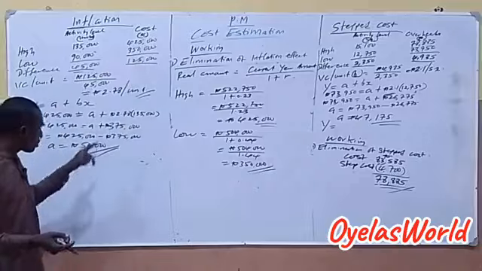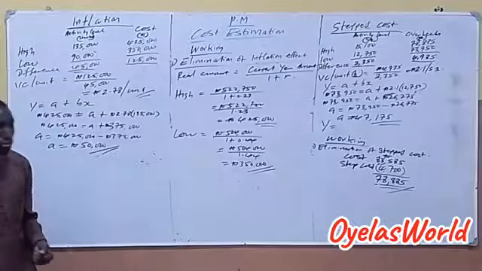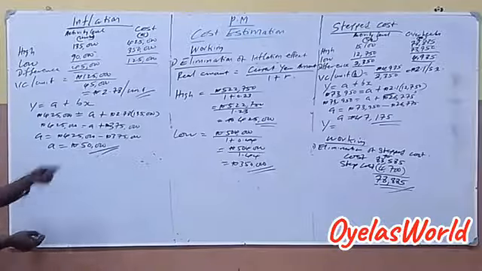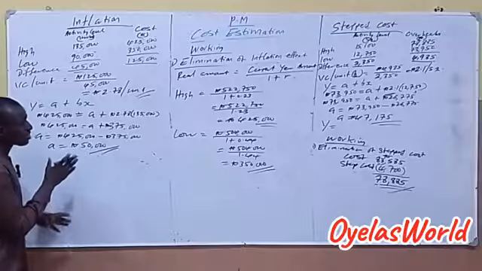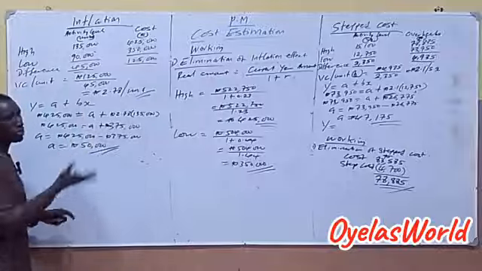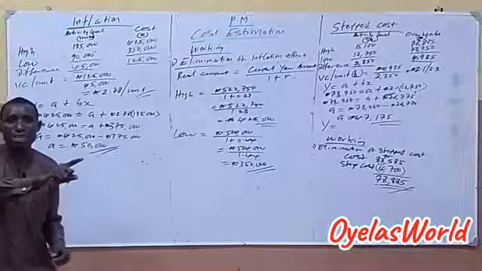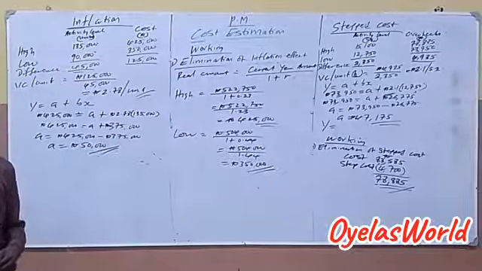It must give you this figure. If you are not getting the same thing, there's a problem somewhere. So we have seen your fixed cost now. Before you arrive at all these figures, you have eliminated the inflation.